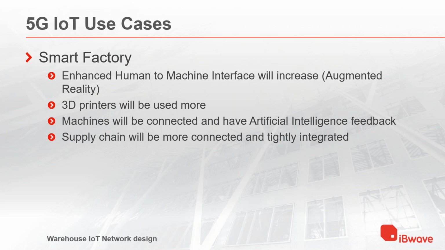The first one is the smart factory, where the enhanced human-to-machine interface will increase in the future, which will bring augmented reality. 3D printers will be used more, and machines will be connected and have artificial intelligence feedback. And the supply chain will be more connected and tightly integrated. Now, for that artificial intelligence and augmented reality, what we really need is very, very low latency.